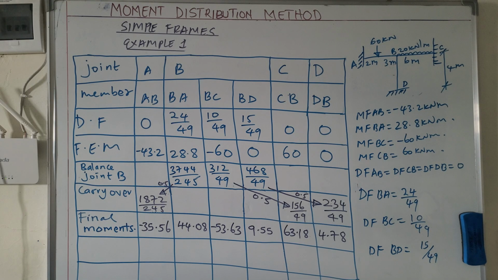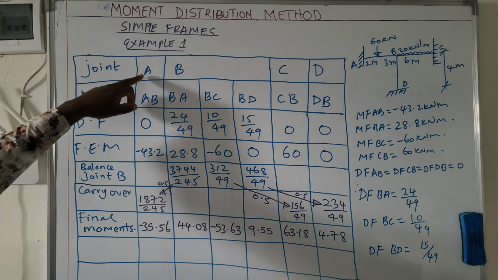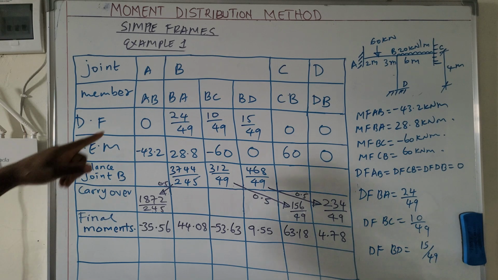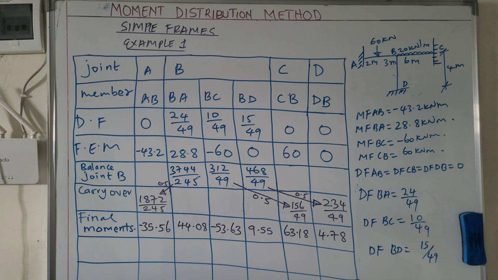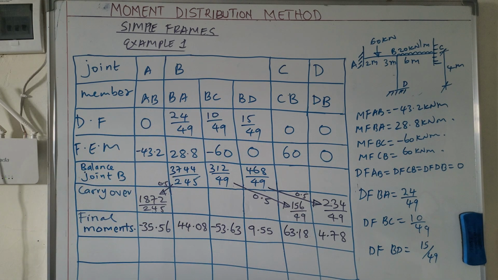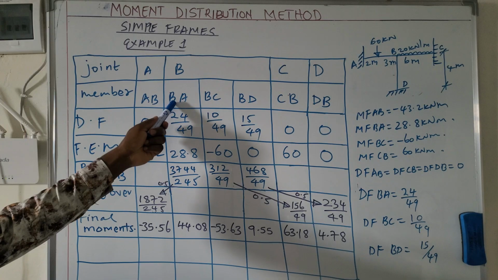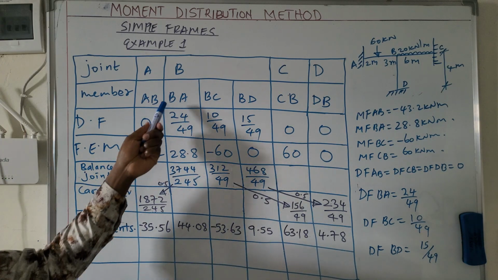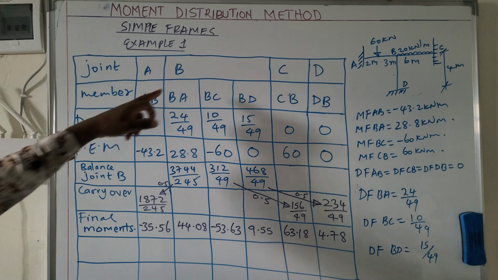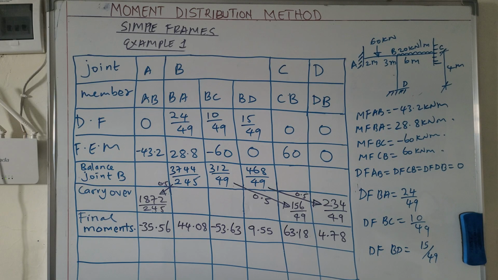As you can see, we have how many joints? A, B, C, and D. But on these joints, we have one joint, which is B. This B has several members, BA, BC, BD. It means if you add the fixed end moments of BA, BC, BD, it should give you 0 for this joint to be in equilibrium or balanced.